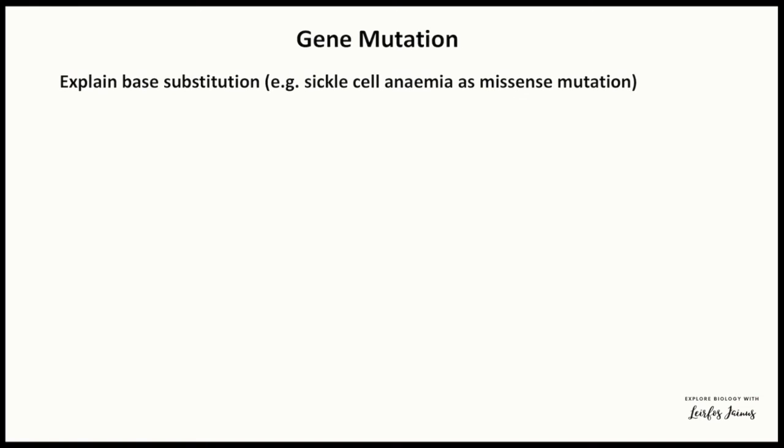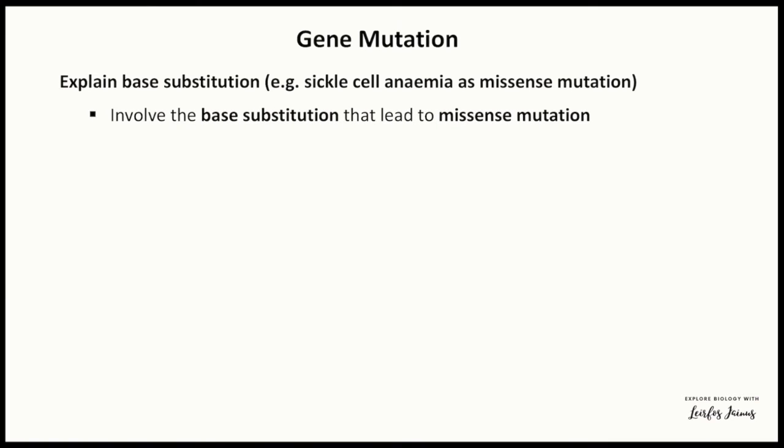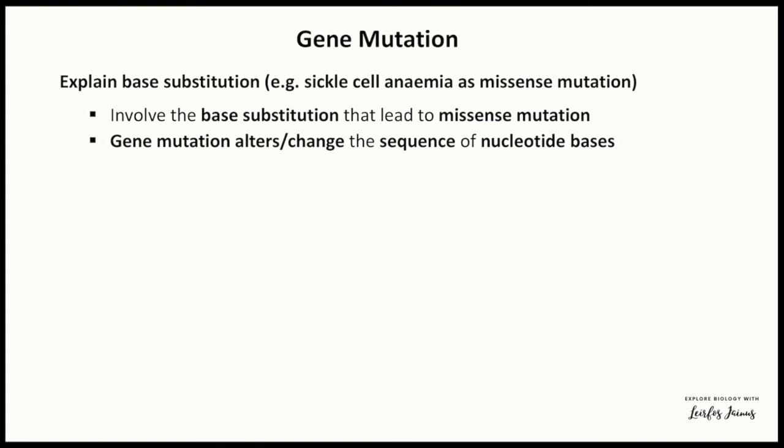Now here is the detail of the base substitution that will cause sickle cell anemia. It will involve the base substitution that leads to missense mutation. Gene mutation will alter or change the sequence of nucleotide bases. In sickle cell anemia, the nucleotide bases on DNA, CTC, are replaced by CAC.